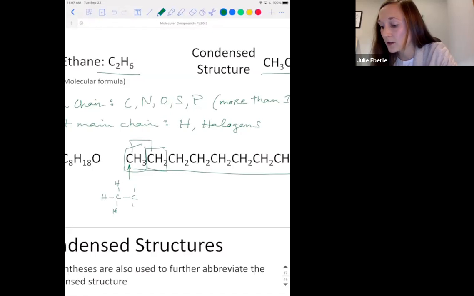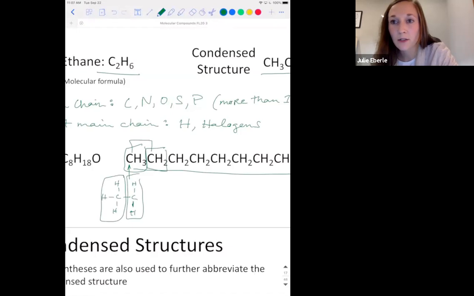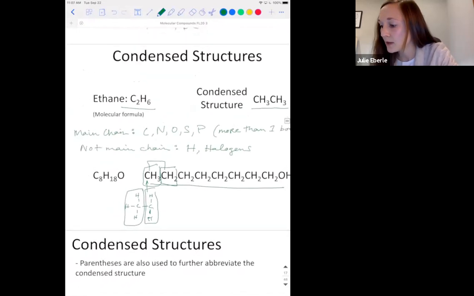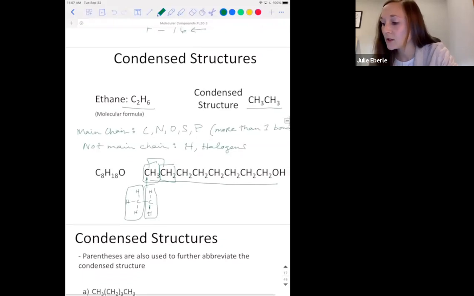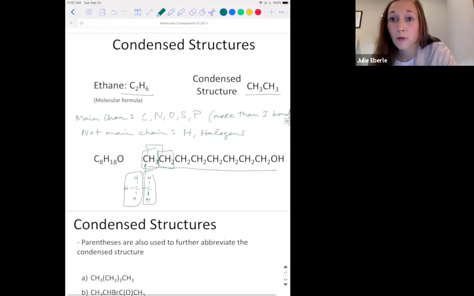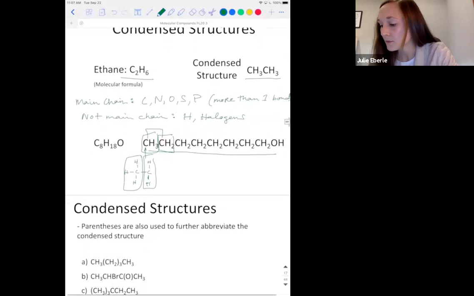And so there's our CH2 group. Okay, 1 hydrogen up, 1 hydrogen down. So you read these in groups like this. And then we'll get to talking about parentheses in just a second, because I'm going to show you. So I'm not going to draw out this whole molecule, but you could continue it just as we're doing. And you would see the whole Lewis structure for this big, long molecule.